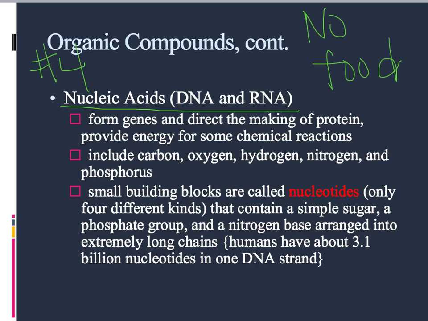But nucleic acids are built in the body, by your body, and they are specific to your body. You are very similar to the rest of the humans on the planet, about 99.8% the same, but that 0.2% makes you unique from everybody else, and it's because of the DNA that's made in your body.